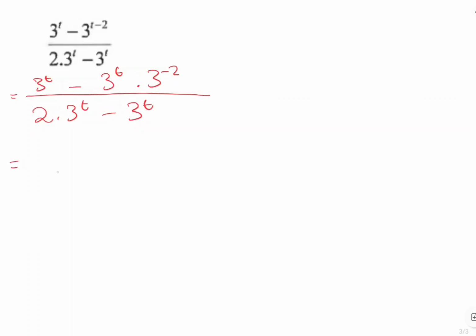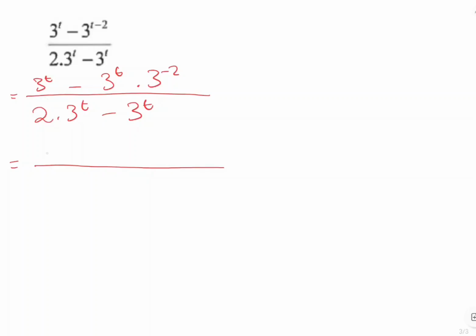The first thing we have to do is take out a common factor in our denominator and also in our numerator. What is common in these terms? By inspection, I can see that there's a 3^t.